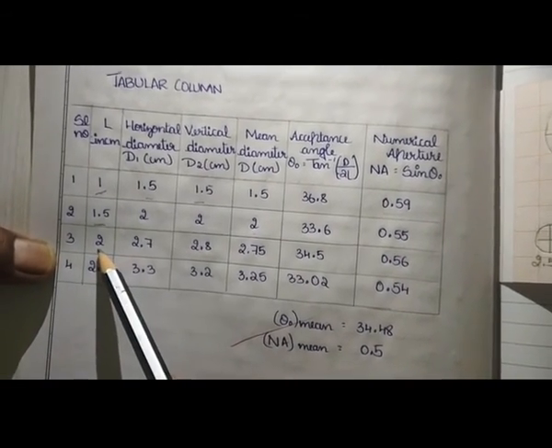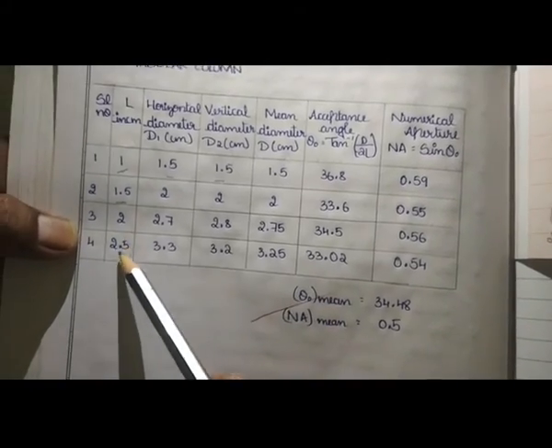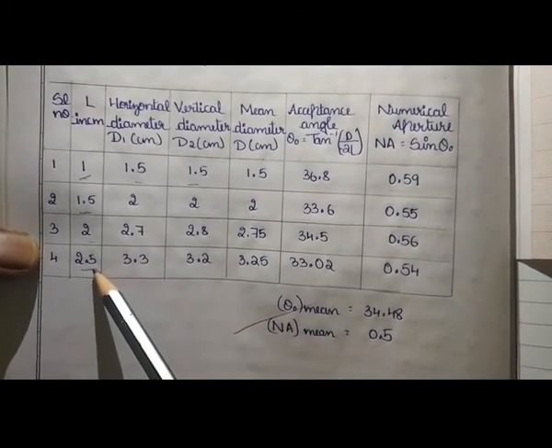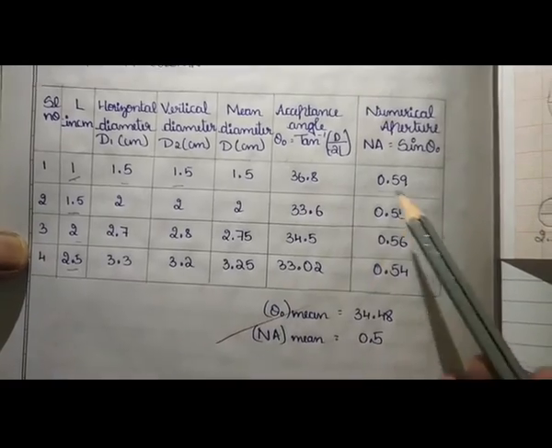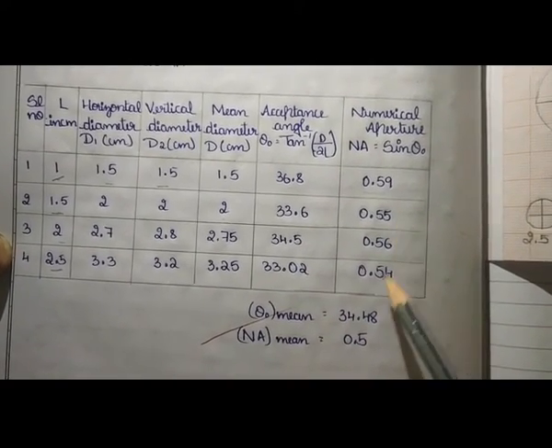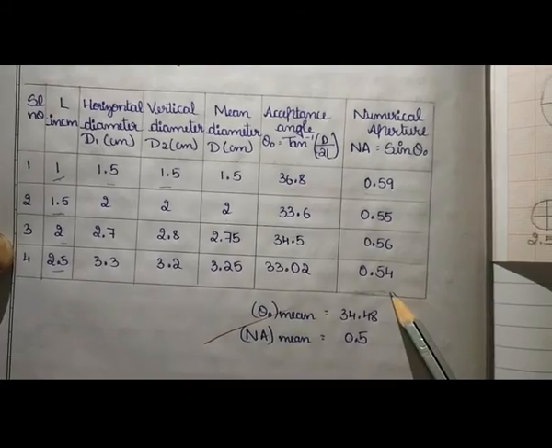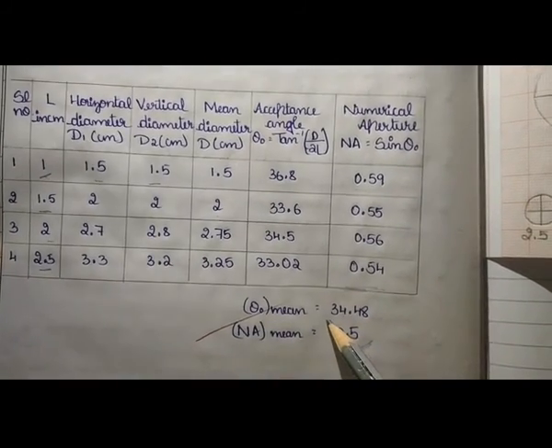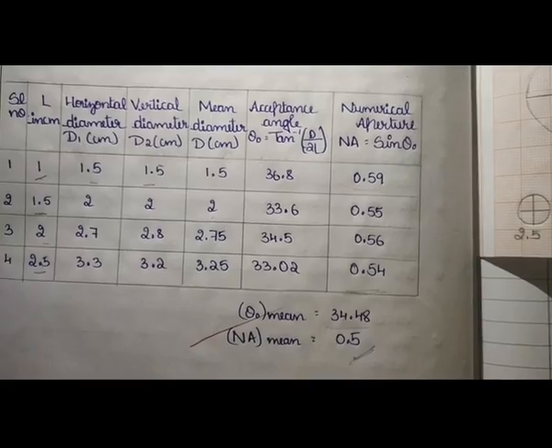Like this you can also do the third trial by keeping L as 2, and the fourth trial by keeping L equal to 2.5 centimeter. You can calculate theta naught and also numerical aperture, and you can see the numerical aperture for the given optical fiber is about 0.5, and acceptance angle is 34.48.